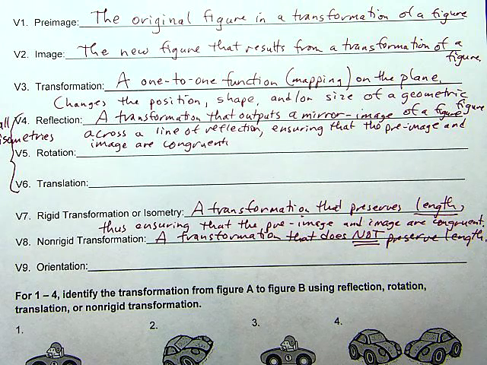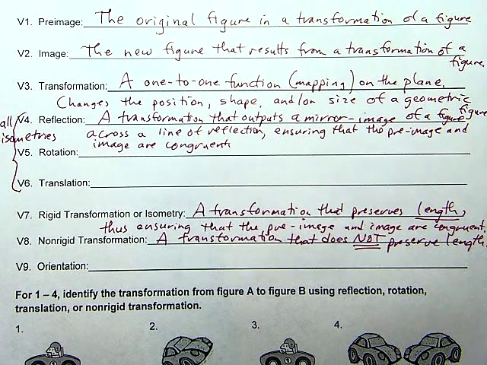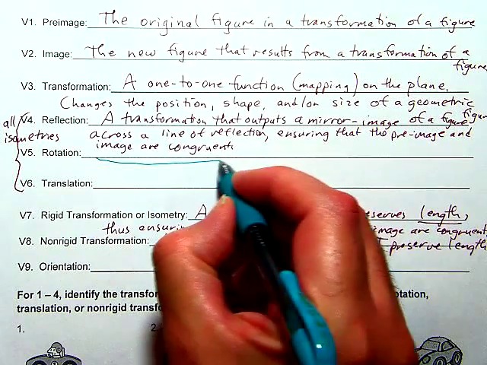A rotation, and I think I'll do this in a slightly different color because it's getting a little crowded on this paper. I want to be sure you can identify the different definitions.